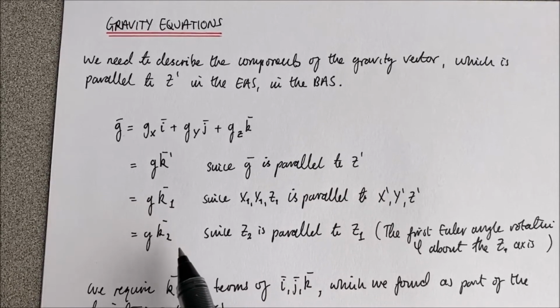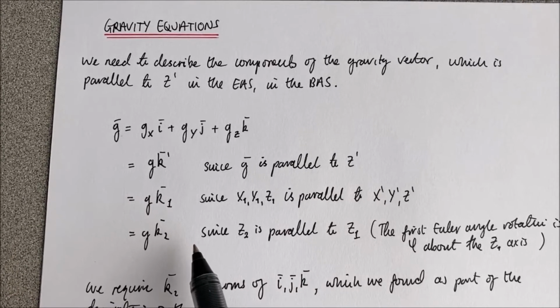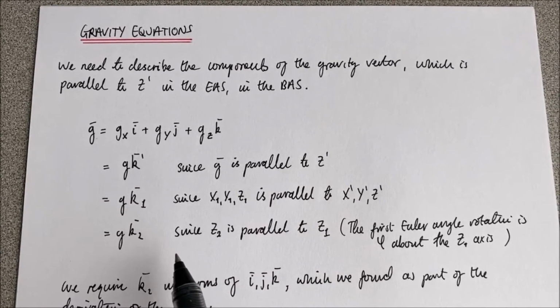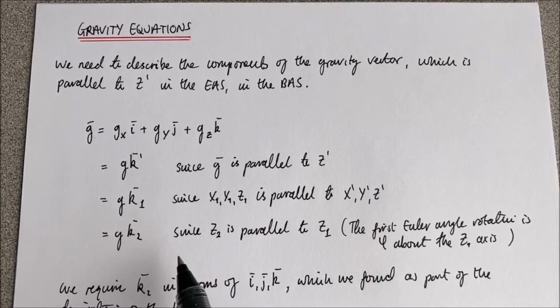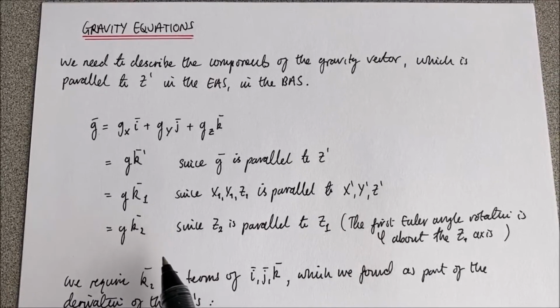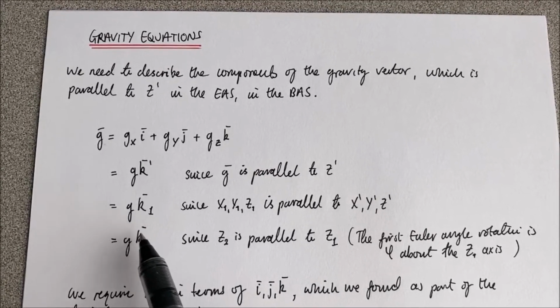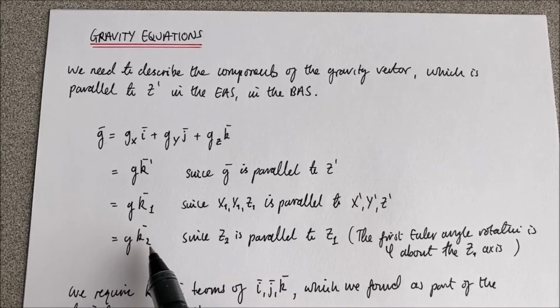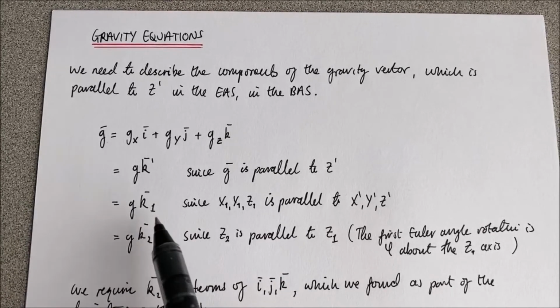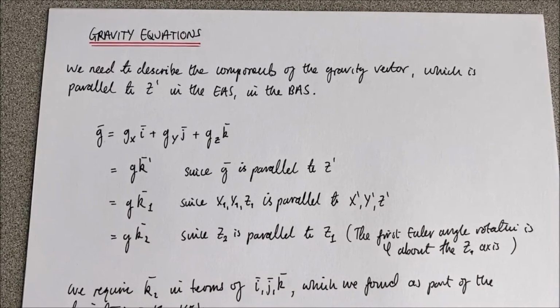And then finally, after we apply the first Euler angle rotation, remember that's about the z1 axis, we have the unit vector in the k2 bar direction is parallel to the k1 bar direction.